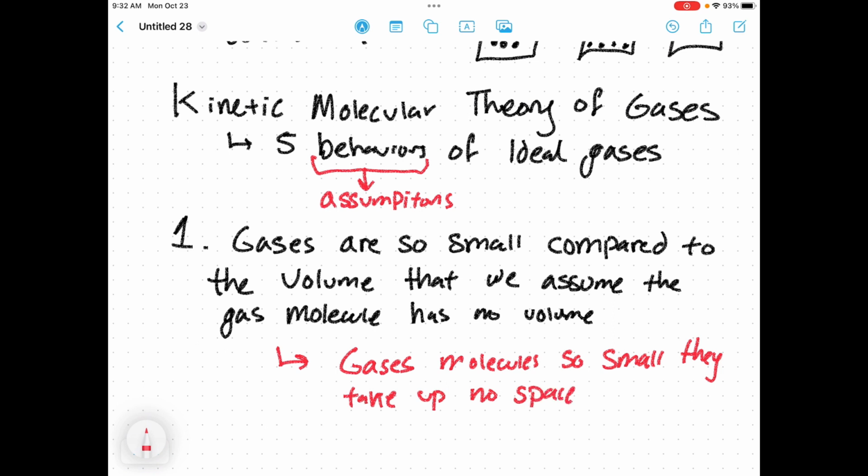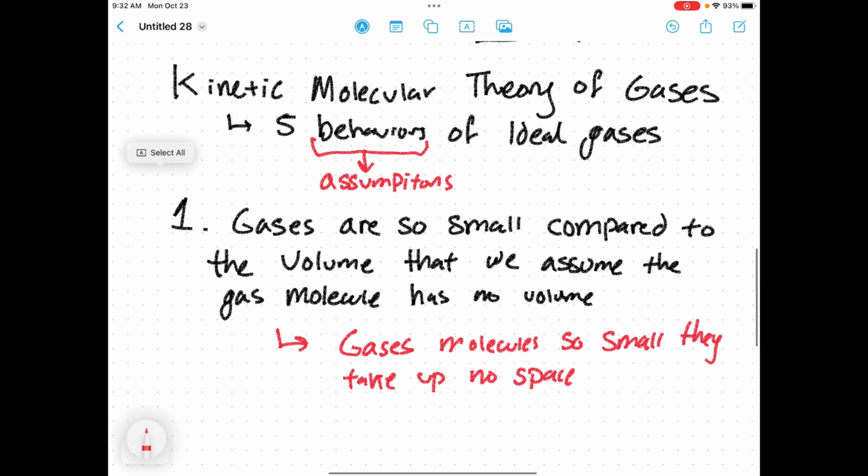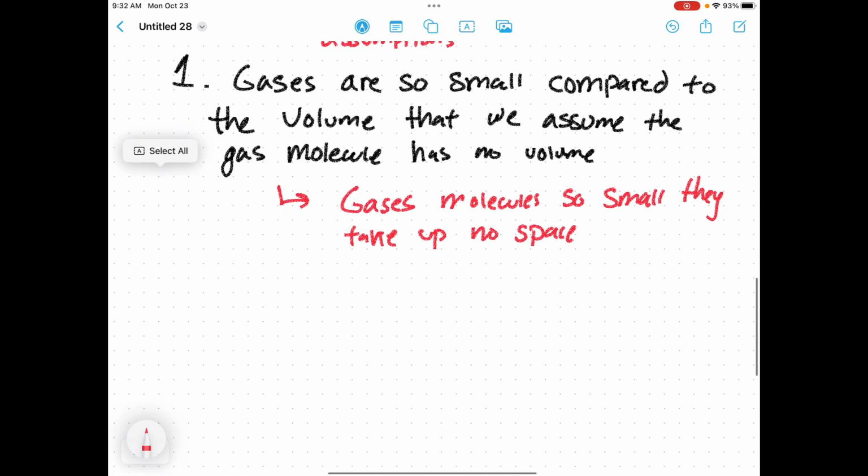So we just assume that the molecules are there, but they're not taking up any of the space of the container they're actually in.